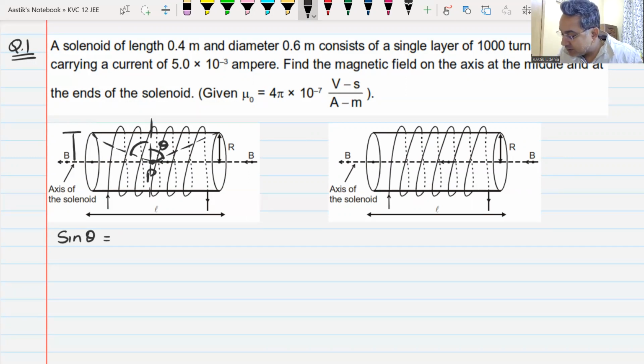This side, the radius is given as 0.3 and this is given as 0.2. Yes or no? Yes, sir. So 0.3 squared is 0.09 plus 0.2 squared 0.04. So sine theta will become 0.2 divided by the square root of 0.13. Yes or no?